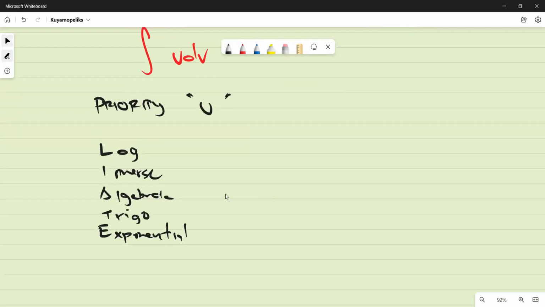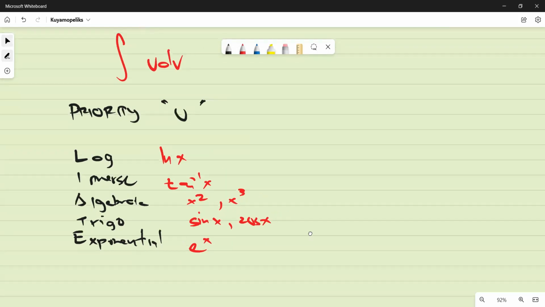Now, example ng logarithmic functions, 'di ba, yung ln x yan, yung ln x or ln u. Gawin natin u. Okay, ln x na. Yung inverse naman yung mga arc functions ay yung mga arctangent x. Si algebraic naman commonly x squared, x cubed, mga polynomial. Si trig, definitely sin x, cosine x, mga examples. And si exponential, yung mga e raised to x.